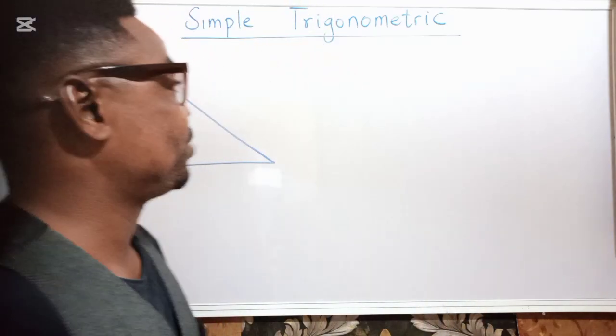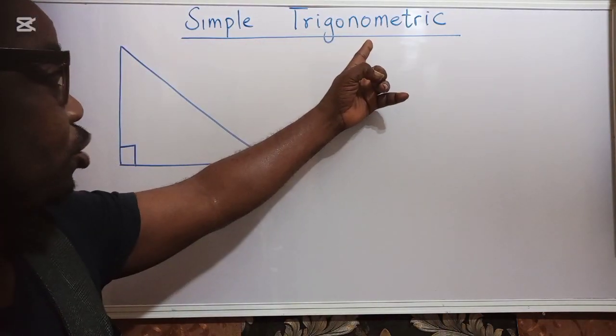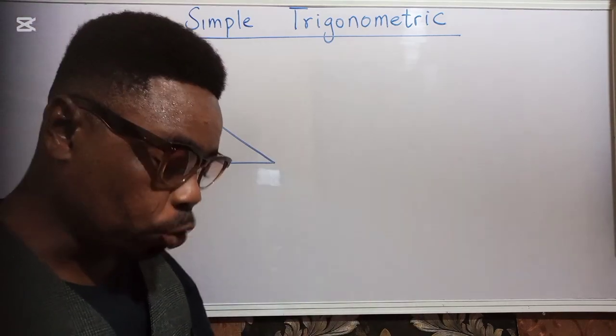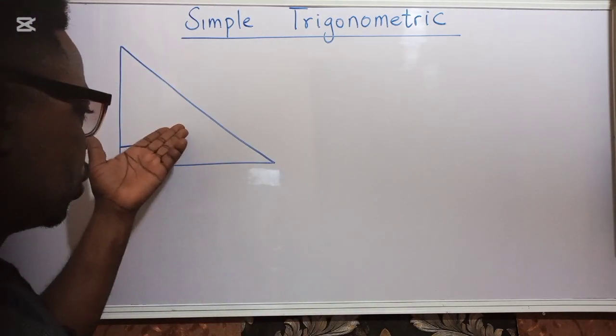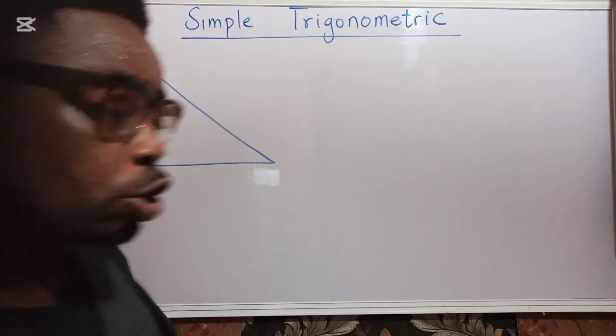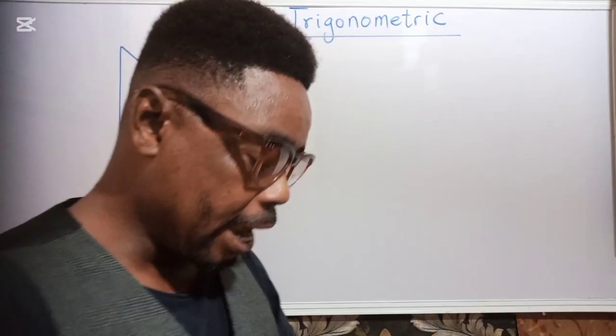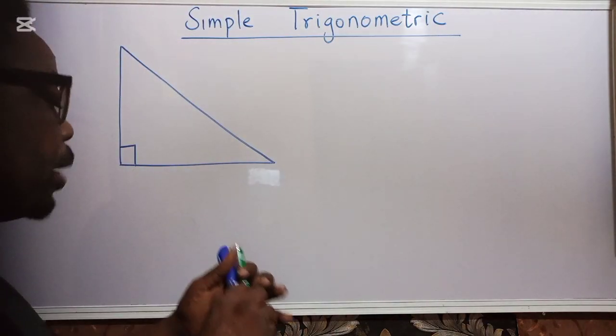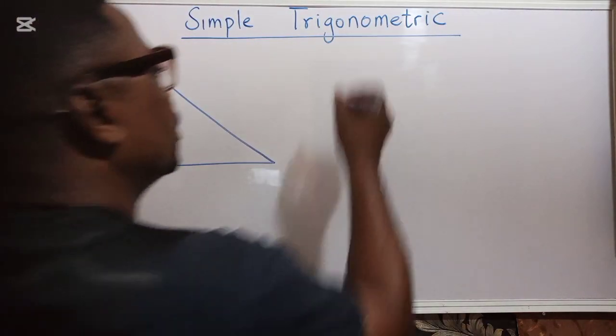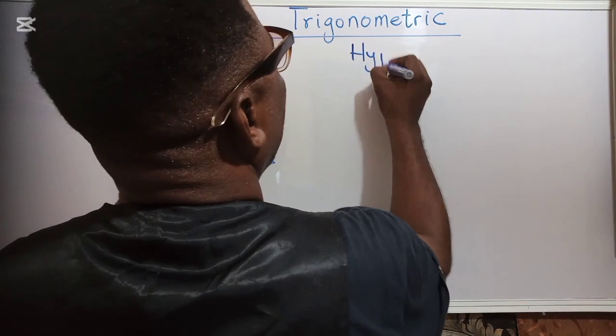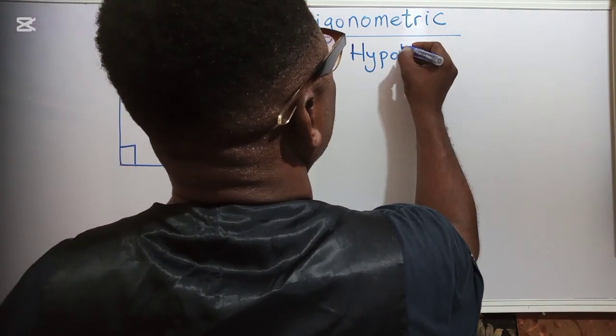Now, today we are looking at simple trigonometry, as in we are trying to introduce a ratio that has to do with triangles. Now, let us look at it. We have three names in consideration. The first one is hypotenuse.